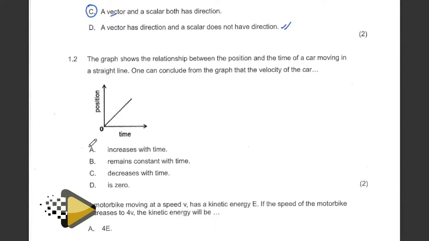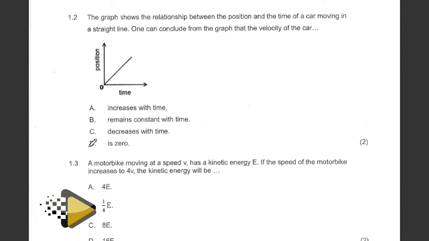And then 1.2, a graph shows the relationship between position and time of a car that is moving in a straight line. One can conclude from the graph that the velocity of the car increases with time. Well, what increases with time would be the position. But remember the gradient of this graph.